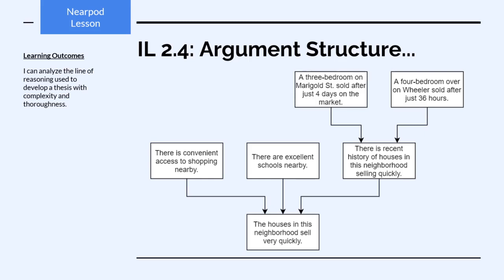And then that premise is supported by the two specific examples we've already looked at. If I wanted to flesh out this argument further, I would of course need to provide some examples of that convenient shopping that's nearby, some examples of the excellent schools that are nearby. That kind of thing would help further flesh out this argument and strengthen it.